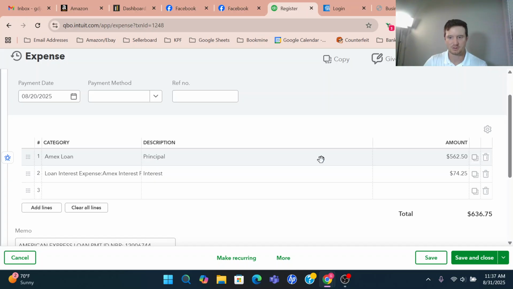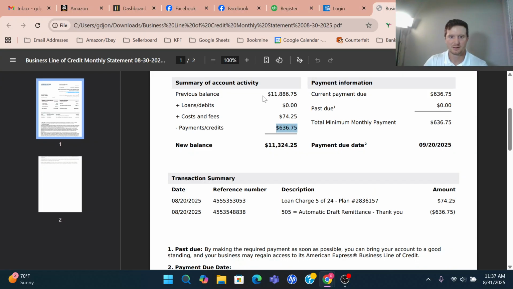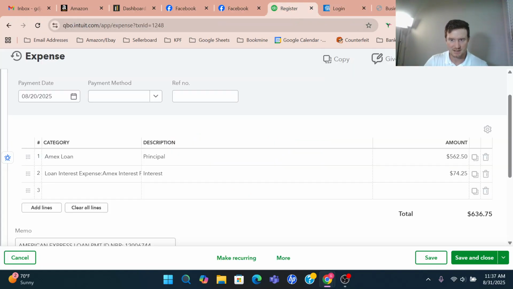And that's going to be our principal. So we actually paid down out of what was left in our previous balance $562.50 of it, and we paid in interest, what we're giving to the lender to just hold the money, interest of $74.25.